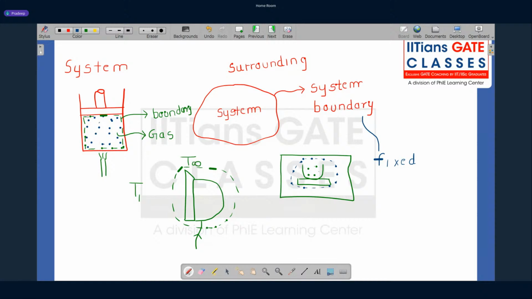In that case, you see that the system boundary is no more constant; it is changing with respect to time. The boundary which is attached to this face of the piston is going to change. So the system boundary can be fixed, or it can change or move with respect to time. That's another thing.